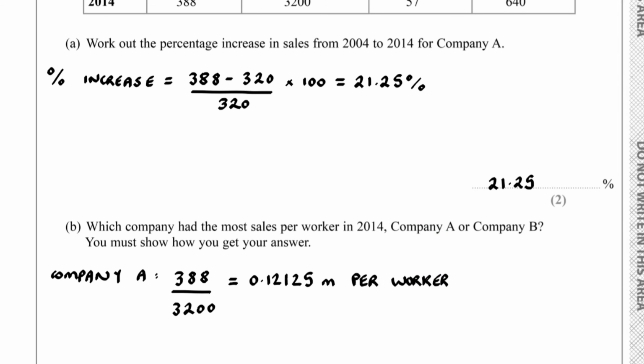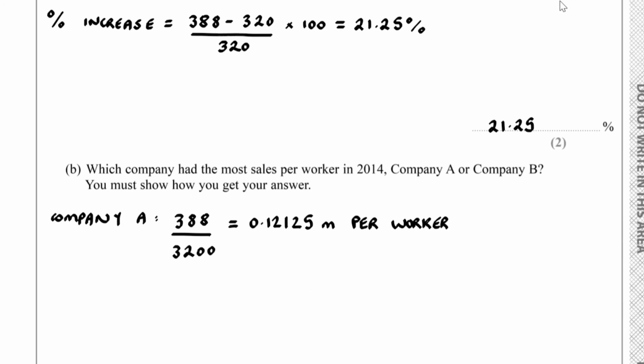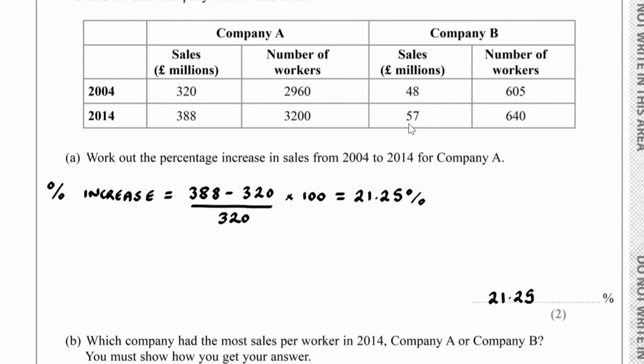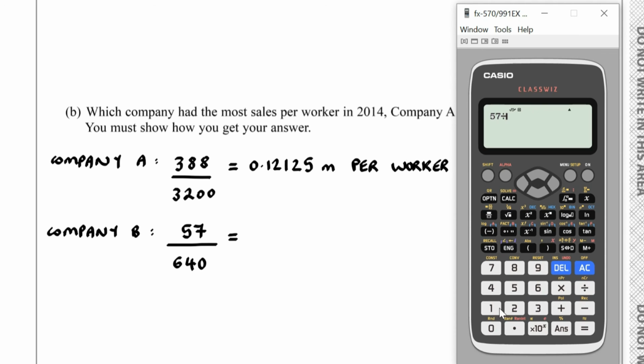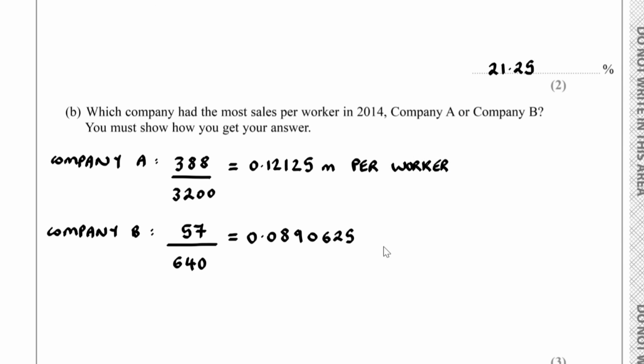And if we take a look at company B, well, we would have to do 57 million divided by 640, so here we've got 57 divided by 640, and if I work out what this is, what we end up with is 0.0890625 per worker.